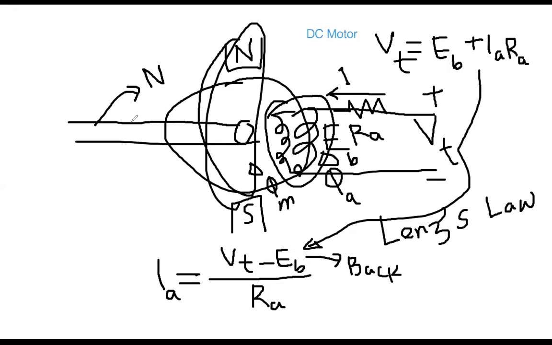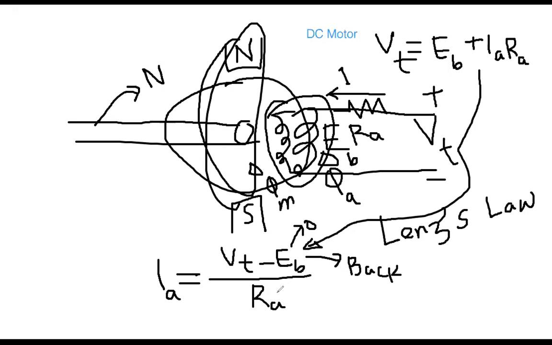If the shaft does not rotate, this means that EB is 0. Because, as I explained, once the motor has started rotating, the back voltage builds up. Unless the shaft rotates, the back voltage will be 0. So if the back voltage is 0, what will be the value of the current?